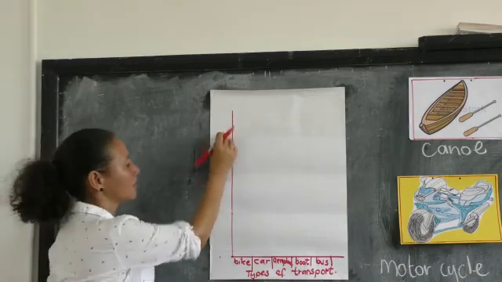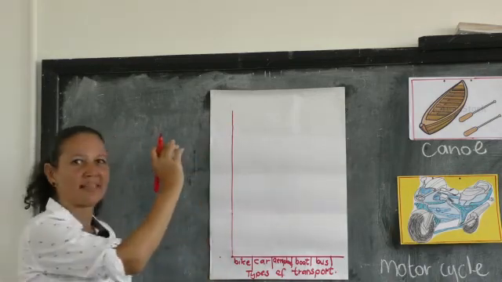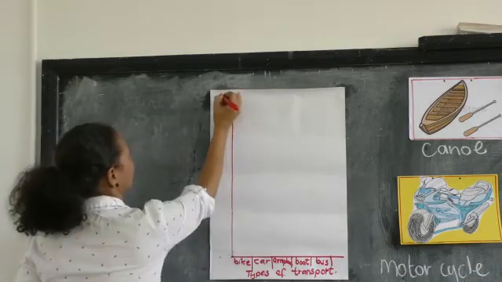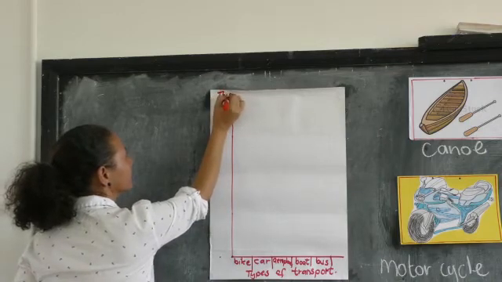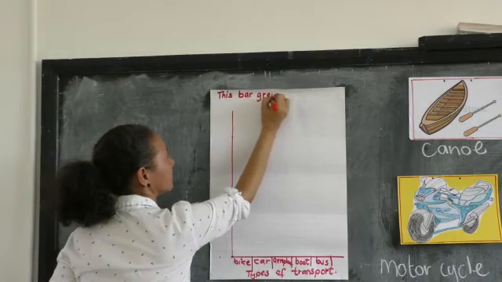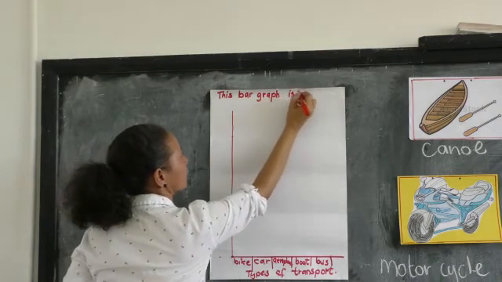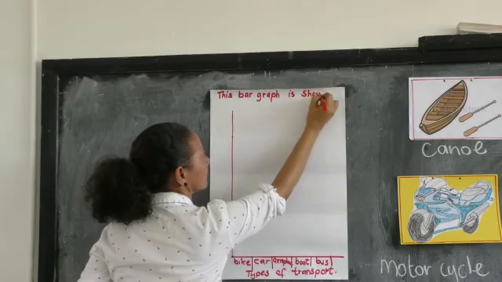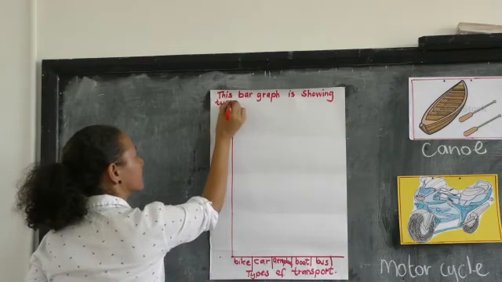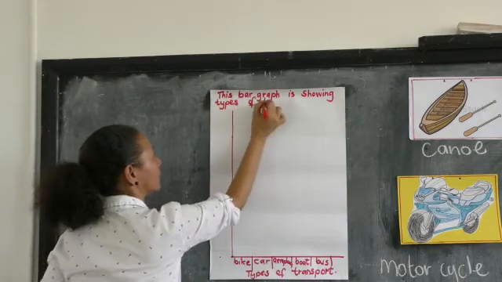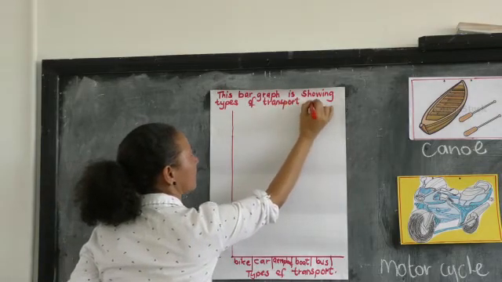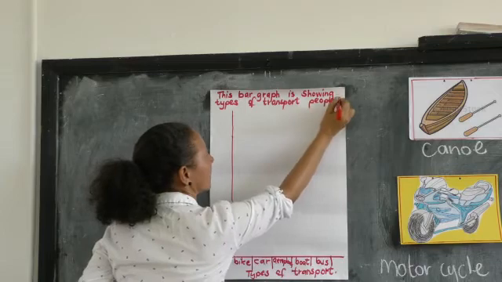Now, before we move to the next axis, we need to write the title of the graph. So the title is "This bar graph is showing types of transport people like."